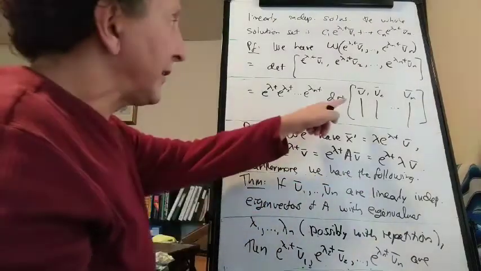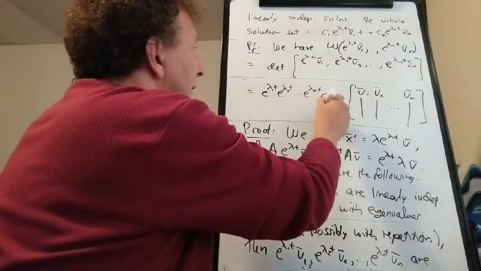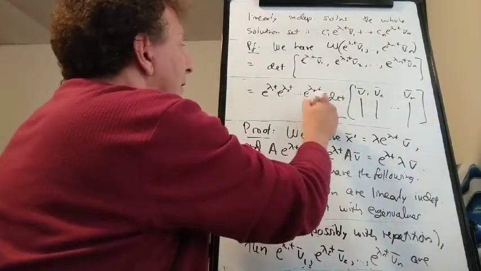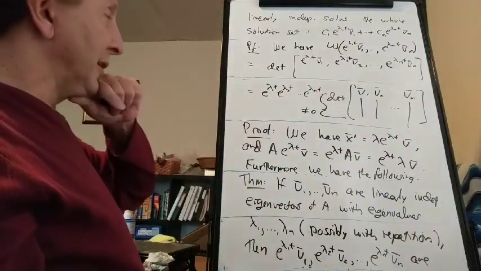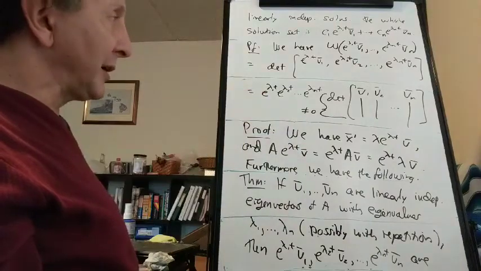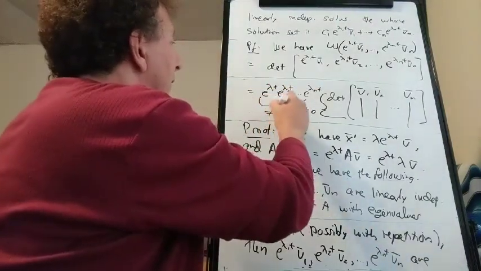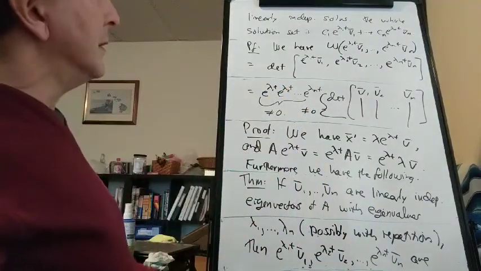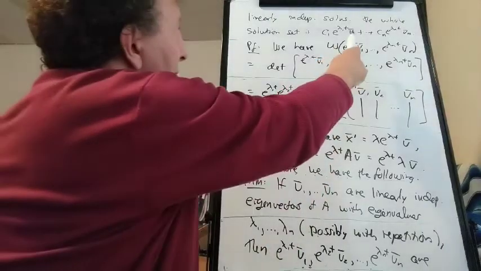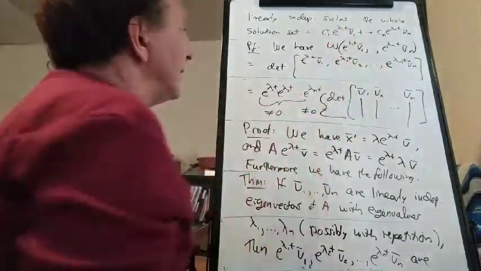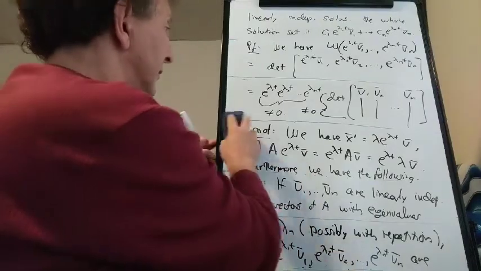So that means if we take the determinant of this matrix, it's not going to be 0. And if we look at these exponentials out in front, well, exponential functions, no matter what we plug in for t, are not 0. So the Wronskian is not 0, and that means that these function columns are linearly independent, vector-valued functions.